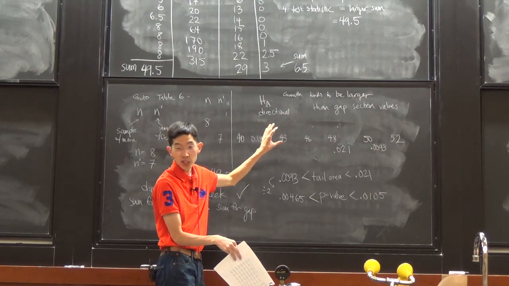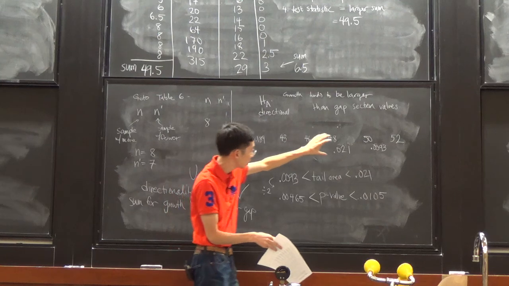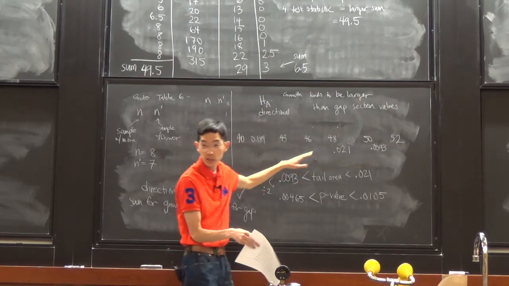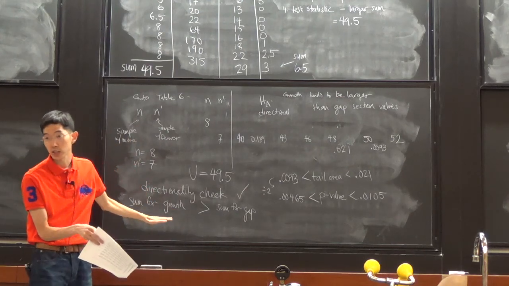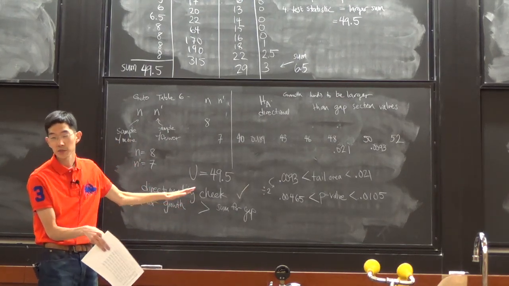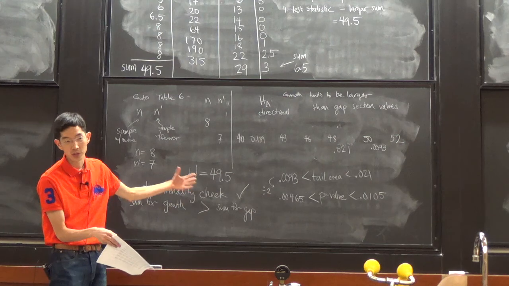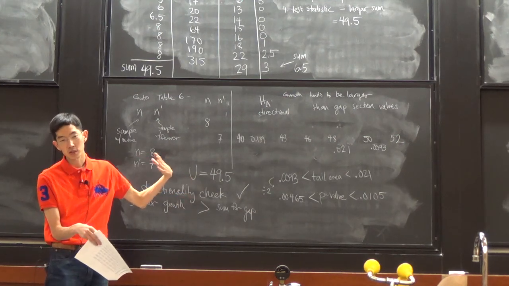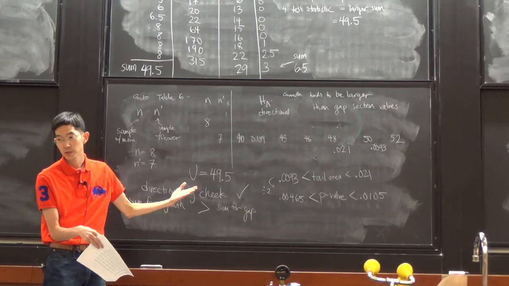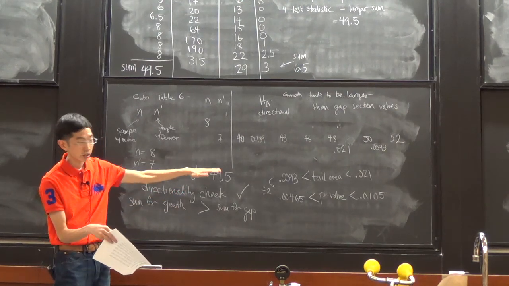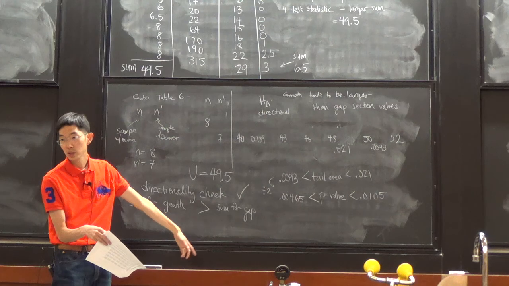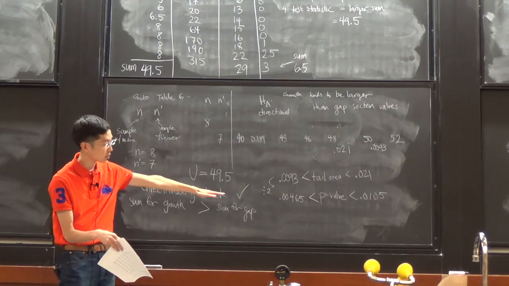If you want a directional test, you take these values and you divide by 2, assuming it passes the directionality check. If it didn't pass the directionality check, we would just stop and say we don't have evidence to support the alternative. But it passed, so we take our tail areas and divide by 2, and that gives us our p-values.